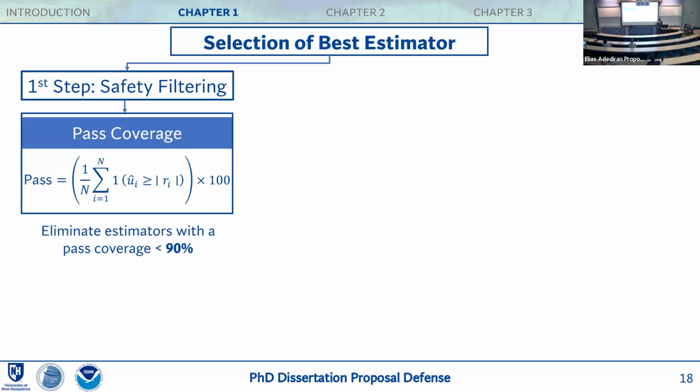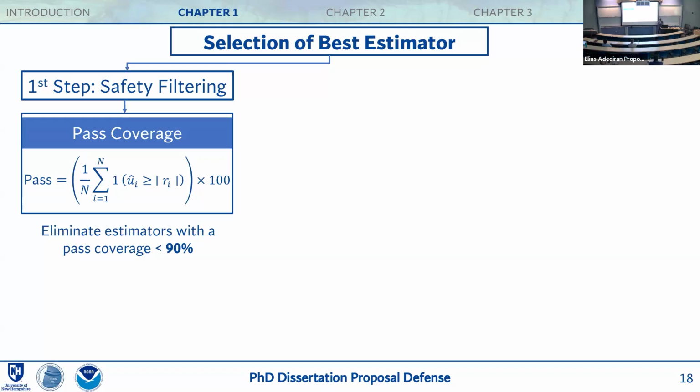Because I'm saying safety filtering, any estimator that has a pass coverage less than 90% will be eliminated, and it does not move to the next stage. This 90% is a threshold that we would look at more in the second chapter, in terms of what exactly is the ideal threshold that we should be using. Should it be 95%? Should it be 90%? Should it be 85%? What is the ideal pass coverage threshold? We would talk more about that in the second chapter.